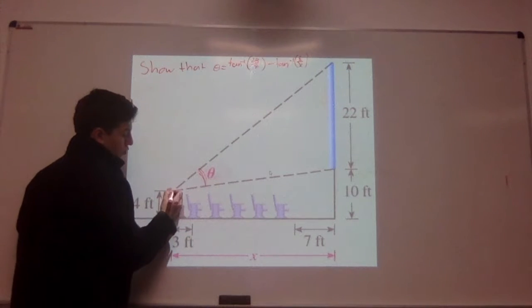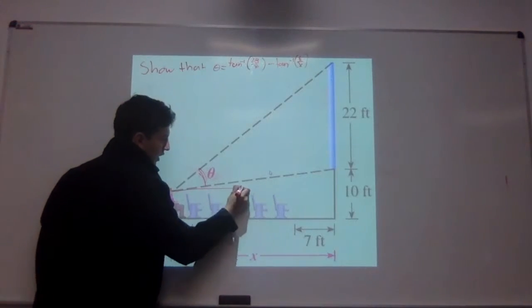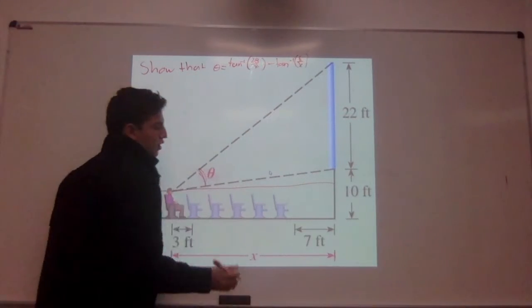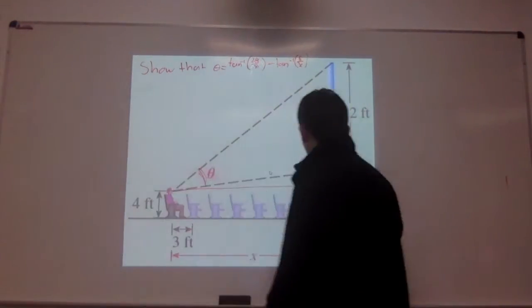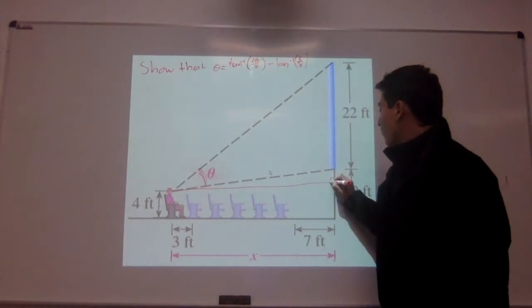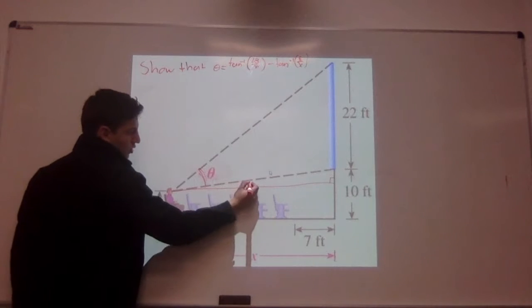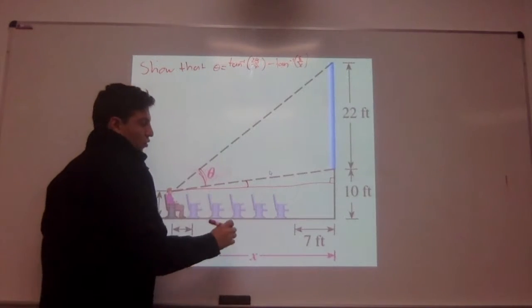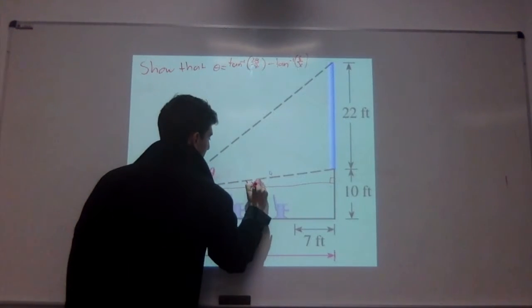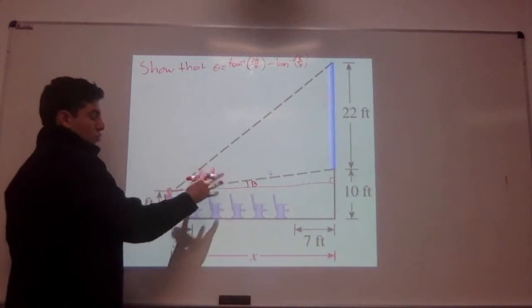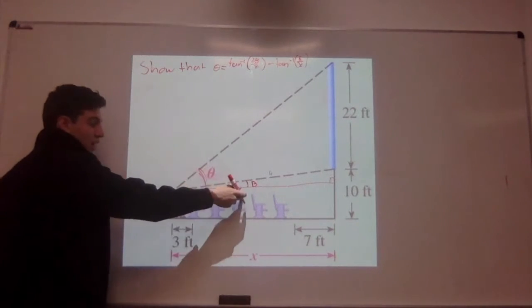So we're going to graph a line here. Now we have a right angle, and in that case we have another angle. This angle we're going to call beta. Okay, we have two angles now, angle theta and angle beta.